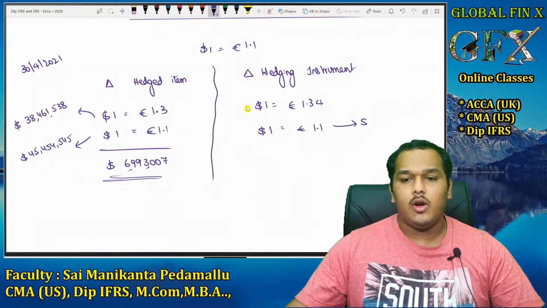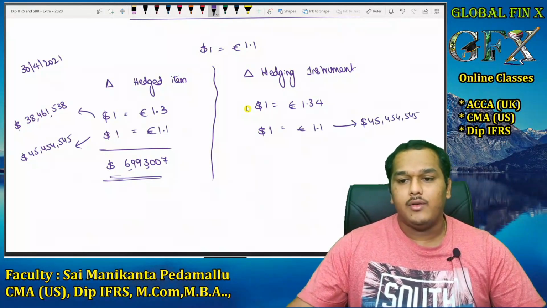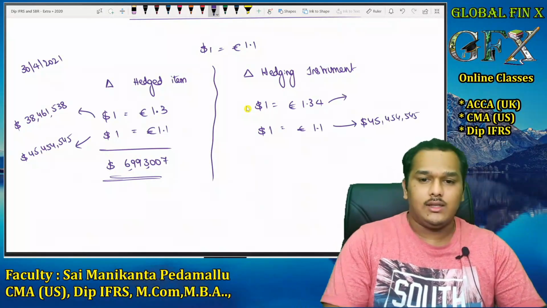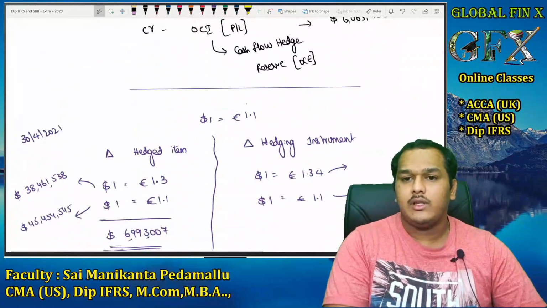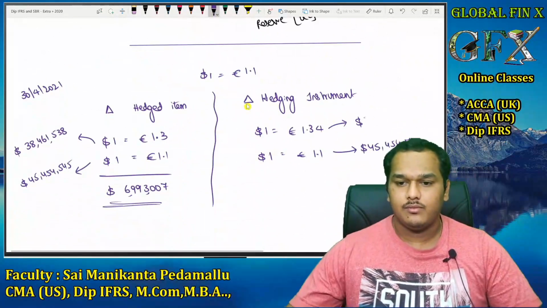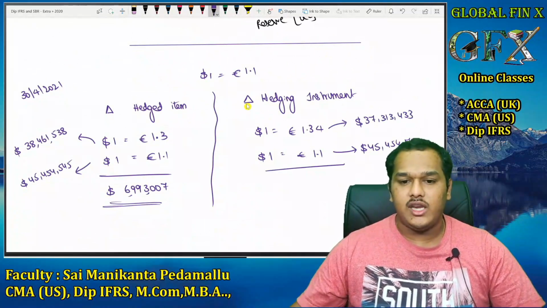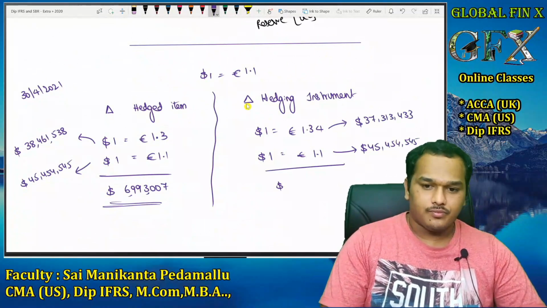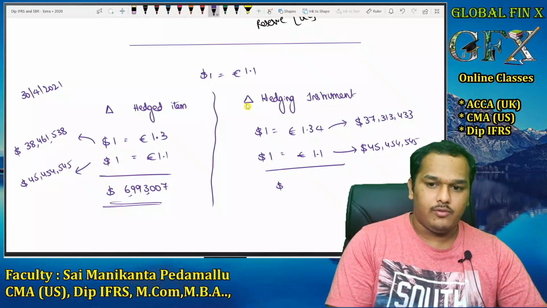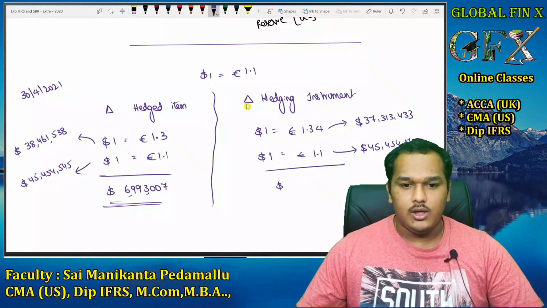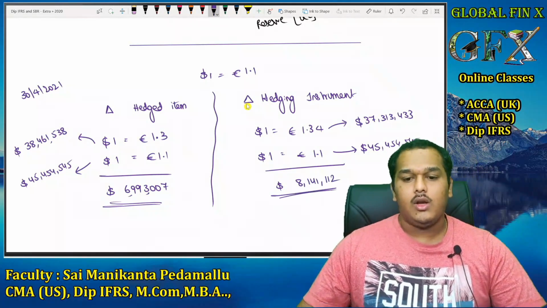We already know this value from above, 37,313,433. So this change is 45,454,545 minus 37,313,433, which is $8,141,112. Okay, here comes a problem.